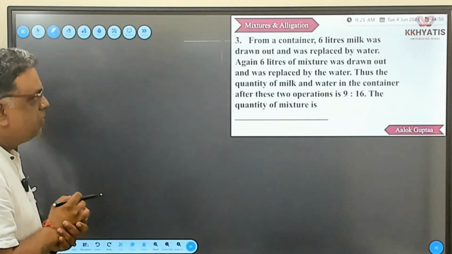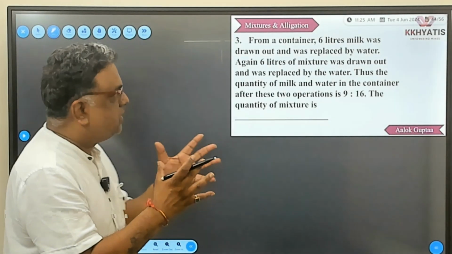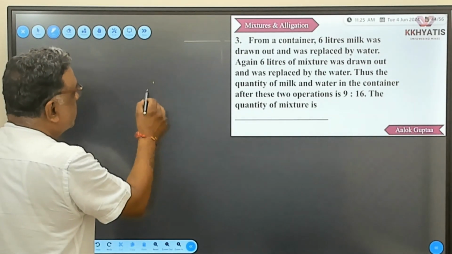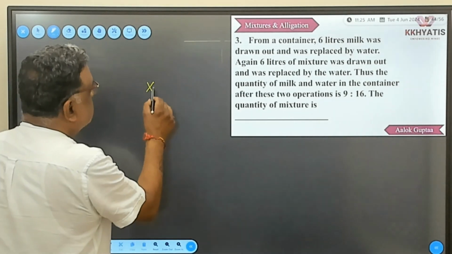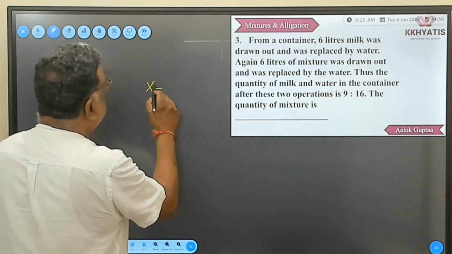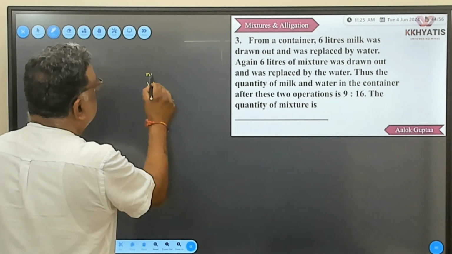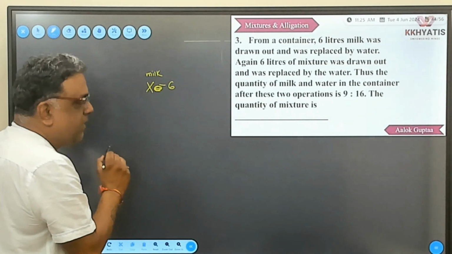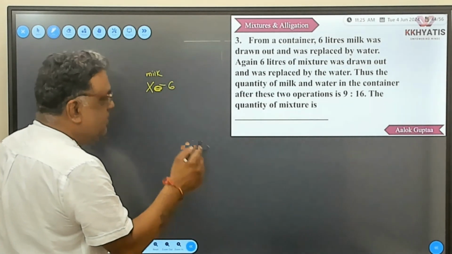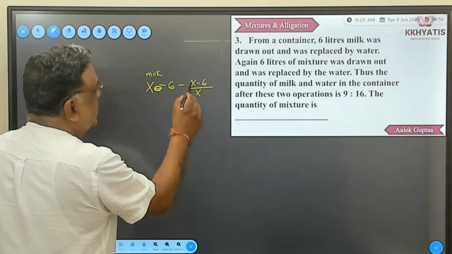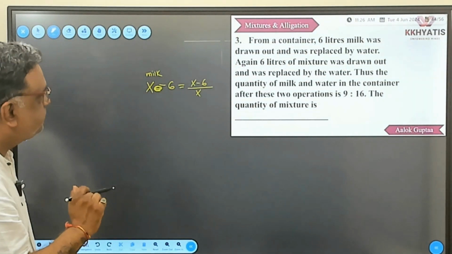So I do not know how much was the initial mixture, so let us say the initial mixture was X. I am taking out 6 liters. Initially there was no mixture, it was pure milk. I took out 6 liters from it. So the fraction left is X minus 6 upon X.